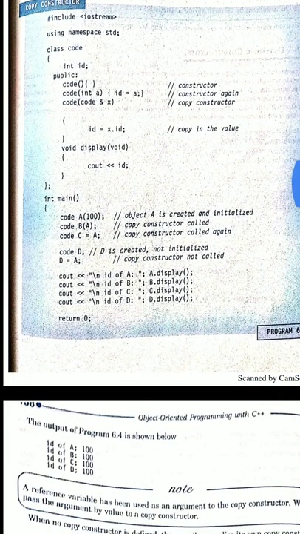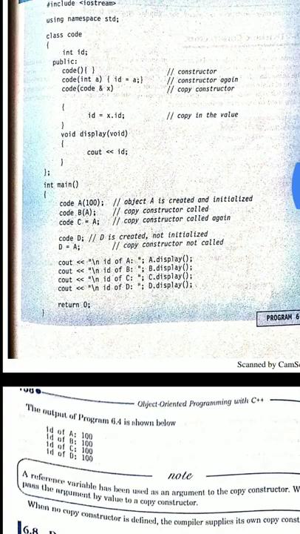Next is code B(A). Here the values of A will be copied into B. This is also one type of writing the copy constructor. Whatever the values of A will be copied into the B object.